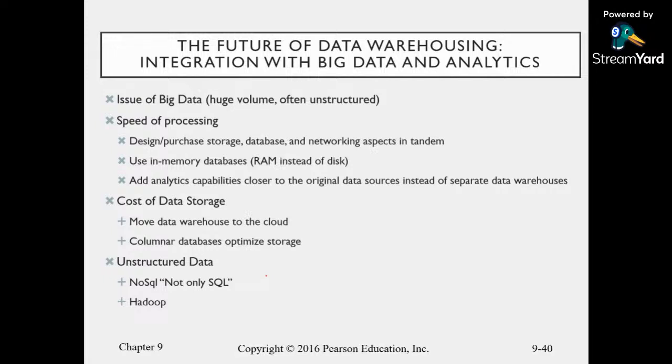And then there is the issue of speed of processing, designing hardware, database, and networking aspects in tandem. Use of in-memory databases, that's RAM instead of disk. We also add analytics capabilities closer to the original data source instead of a separate data warehouse. That means we are performing historical analysis closer to the database itself.